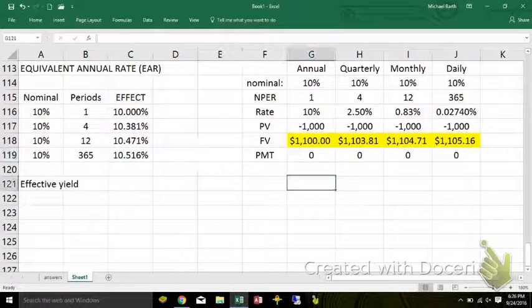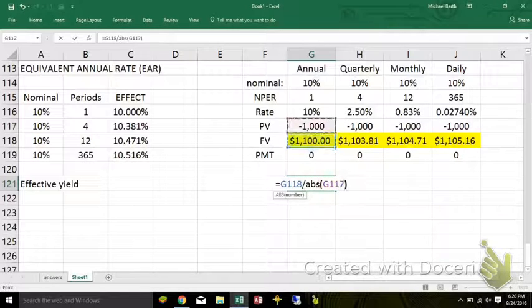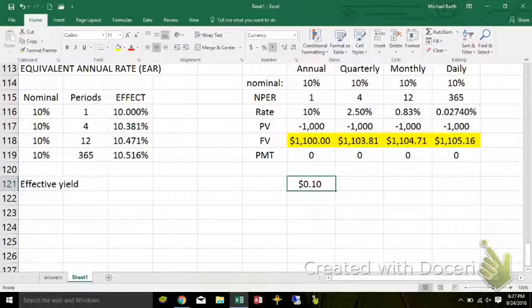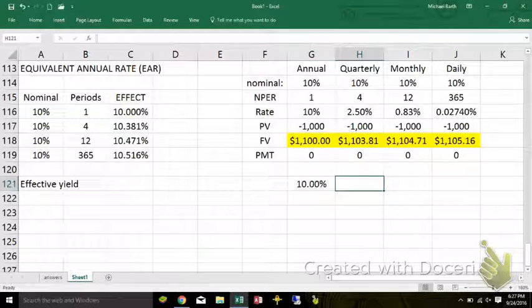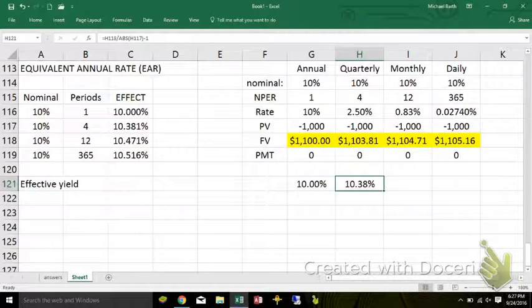Now, all of these went 1 year. If you took what you ended up with divided by what you started with minus 1, that would be the equivalent annual interest that you would earn over the course of the year. Okay? So if you ended up with $103.81 more than you put in, your rate is going to be 10.38.